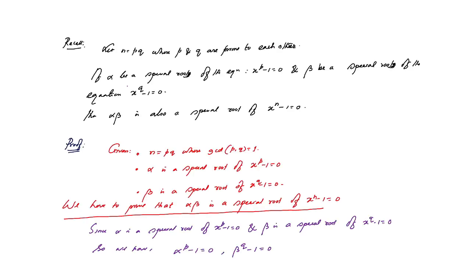So that means alpha to the power p equals 1, beta to the power q equals 1. Now we come to alpha beta being a root. First we think about alpha beta being a root of x to the power n minus 1. Then alpha beta whole to the power n satisfies the equation.